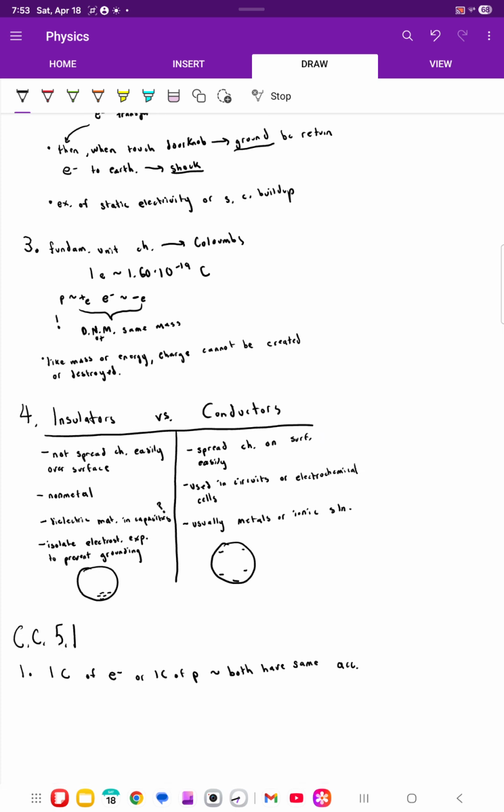1.60 times 10 to the negative 19th. Wait a second. Which will experience greater acceleration? Force is equal to ma.